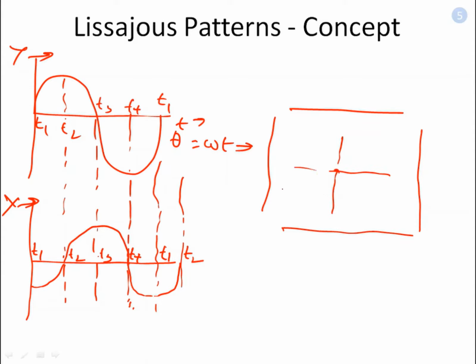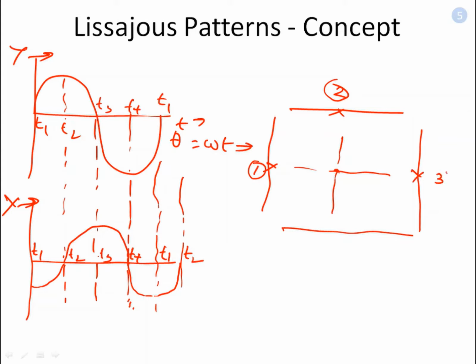So in the beginning, Y is at the origin but X is at the negative maximum, this point. This is point 1. After some time T2, Y is at the positive maximum but X is at the origin. So this is the point 2. Then after some time T3, Y is at the origin but X is at the positive maximum.